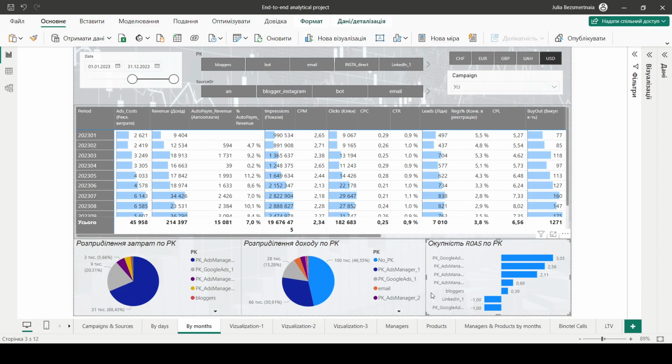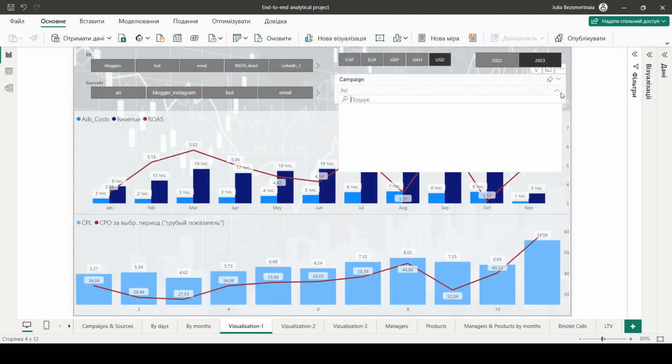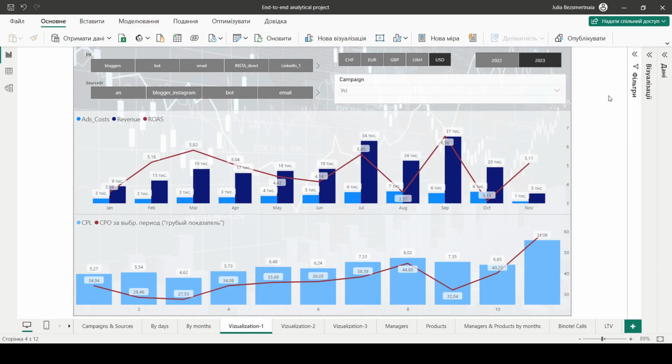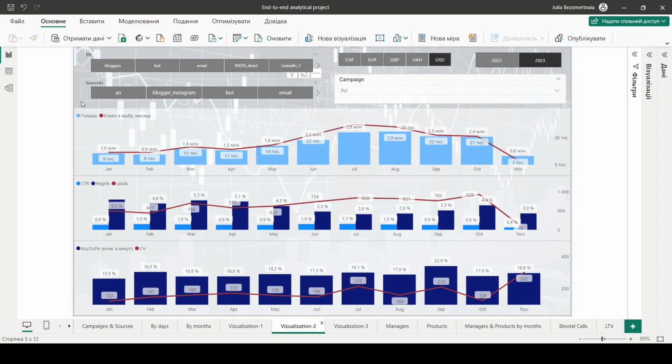Next, we have some visualization pages with the filter, and we can see the dynamics of ads cost, revenue, and ROAS, CPL and CPO indicators. Next visualization is impressions and clicks dynamics, CTR, conversion to registrations, leads, conversion to buyout, and average bill.